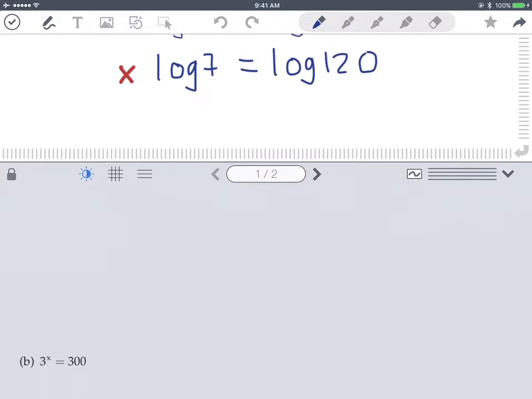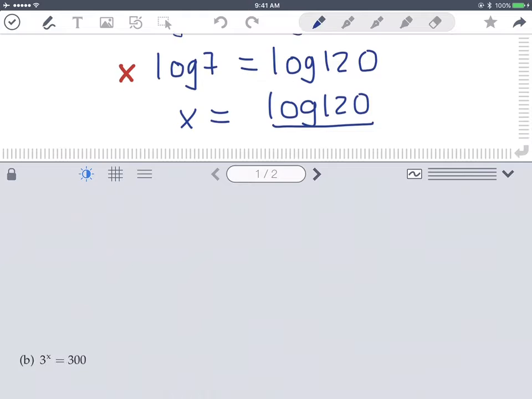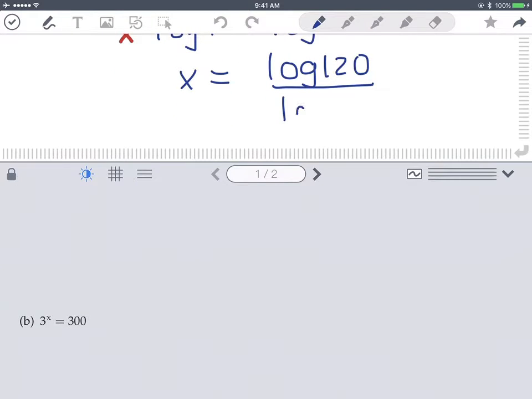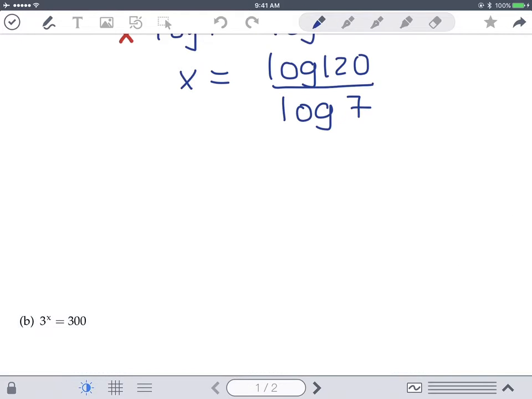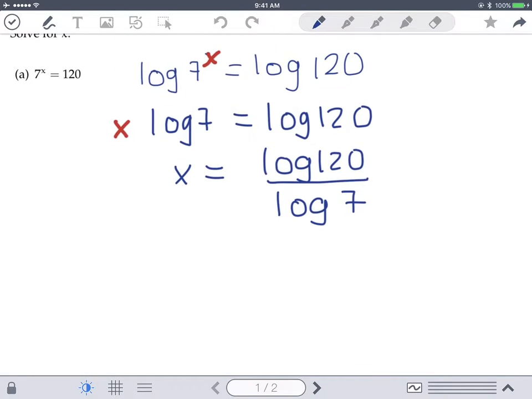So I'm going to show you that it's better if you keep it like this and write x equals log of 120 divided by log of 7, correct? I do this because this way I will only be rounding this expression once if I put it in my calculator.